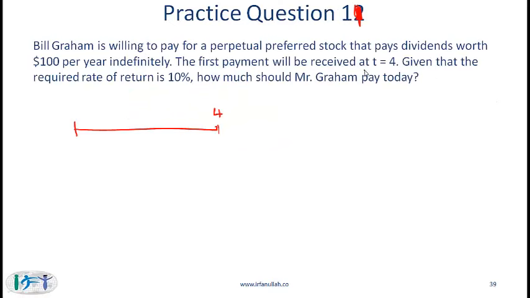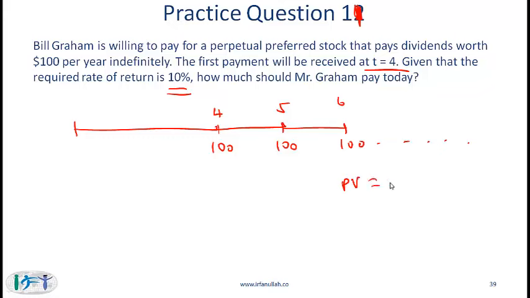The first payment will be received at t equal to 4. That is right here. And then this payment will be received at the end of every year forever. So this is a perpetuity. The present value of the perpetuity given a discount rate of 10% would be 100 divided by 0.1, which is 1000.